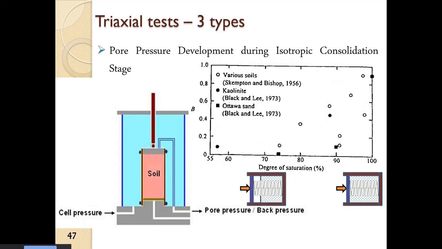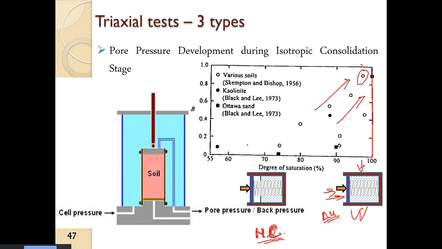Experimentally people have determined that if the soil is saturated, with degree of saturation 100%, for normally consolidated soil, whatever load is applied is actually taken up by the pore water pressure. So we have the B parameter almost equal to 1.